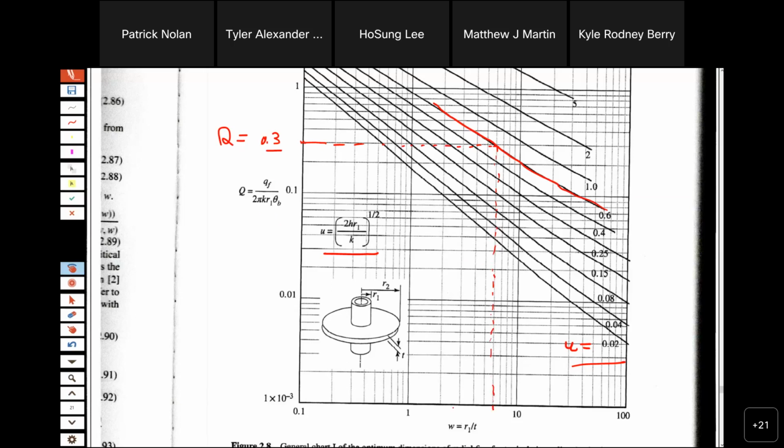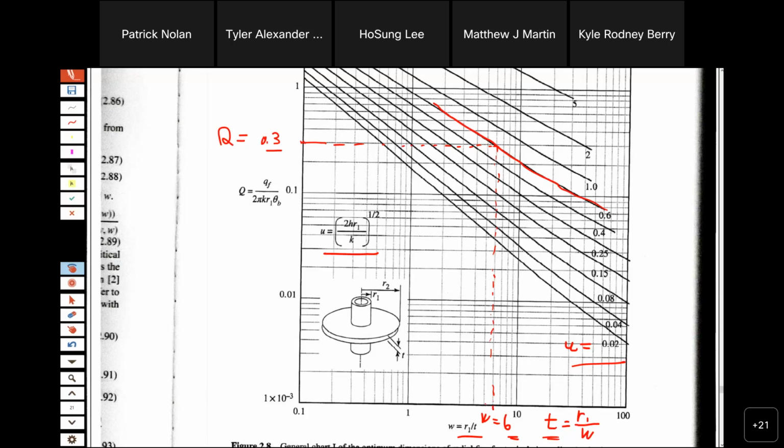W is 2, 3, 4, 5, 6. W is 6. Once W is 6, I can figure out the T. Do you see that? So once I have T, T is R1 over W. So whatever, I can calculate the T.